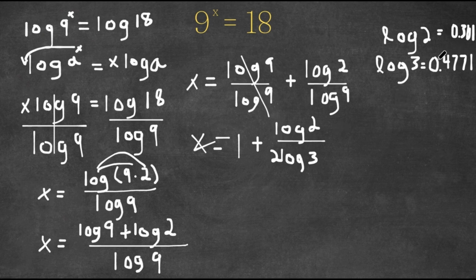So now if I plug in these numbers, we would get 1 plus log 2, which is 0.301, over 2 times log 3. Well, that would be 0.9542.